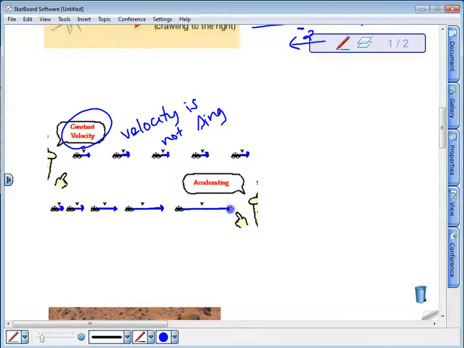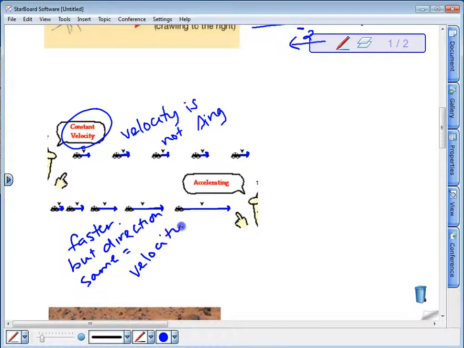So that tells me that our speed is getting greater and greater, but our direction is always going forward. Our forward direction doesn't change. So we're getting faster, but our direction is staying the same. So that tells me that my velocity is changing.